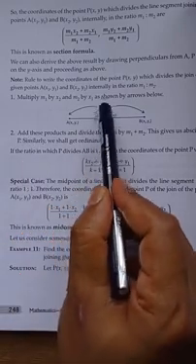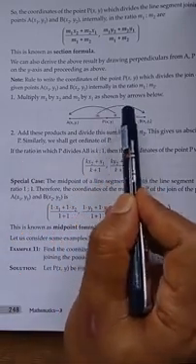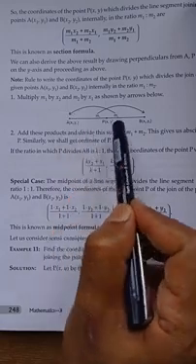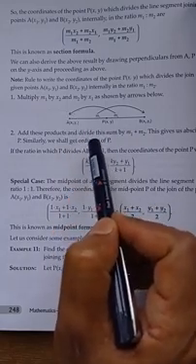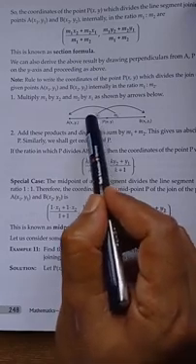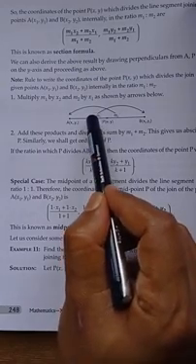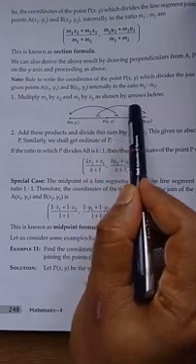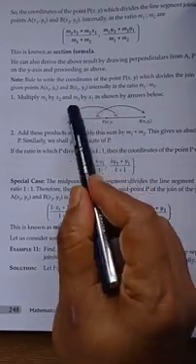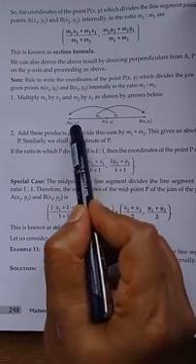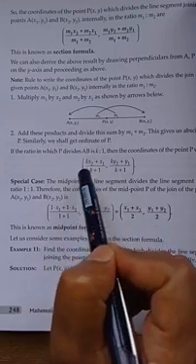So you will get m1 x2 plus m2 x1 divided by m1 plus m2. For solving y, you start again from here, m1 into y2 plus m2 into y1 by m1 plus m2.